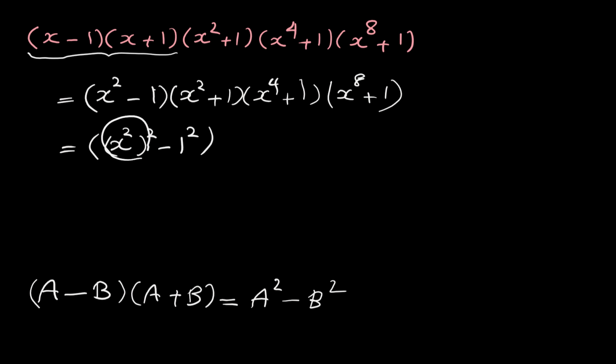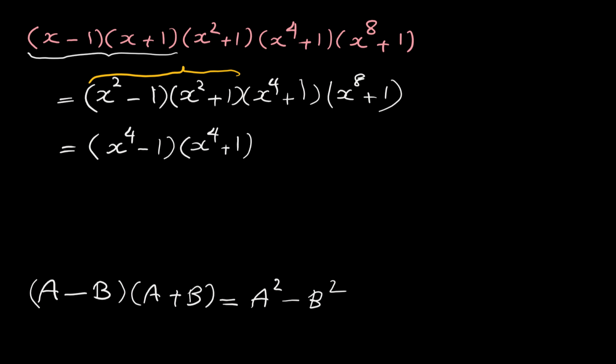But x to the 2 squared is x to the 4. So when we multiply these two brackets by each other, the answer is x to the 4 minus 1. And we have x to the 4 plus 1 and x to the 8 plus 1.